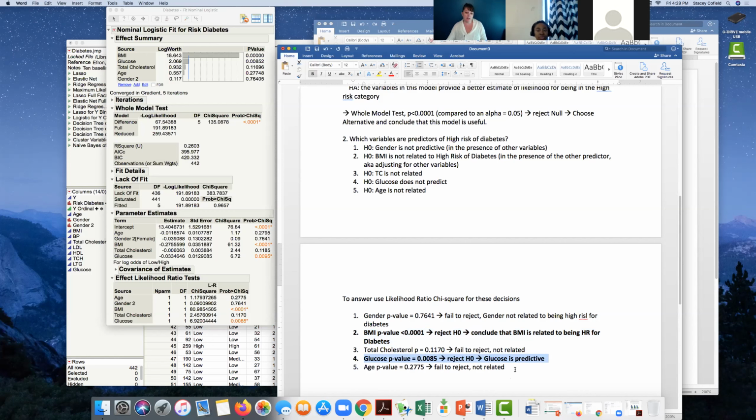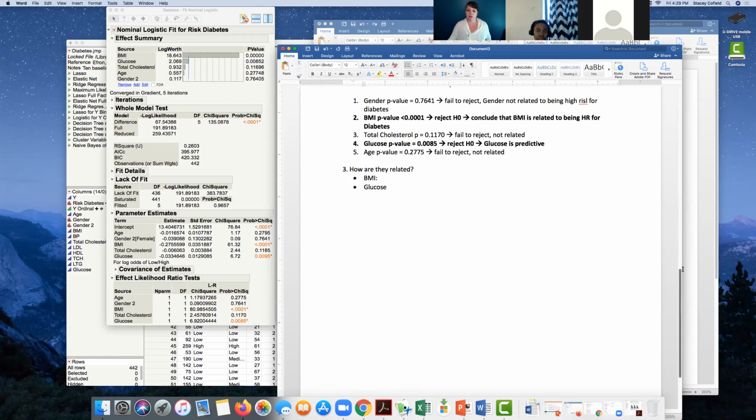What is the obvious next question for that? We know they're related. How are they related? Yes. See, you know how to do this. How are they related? So let's take a look at that, BMI and glucose.